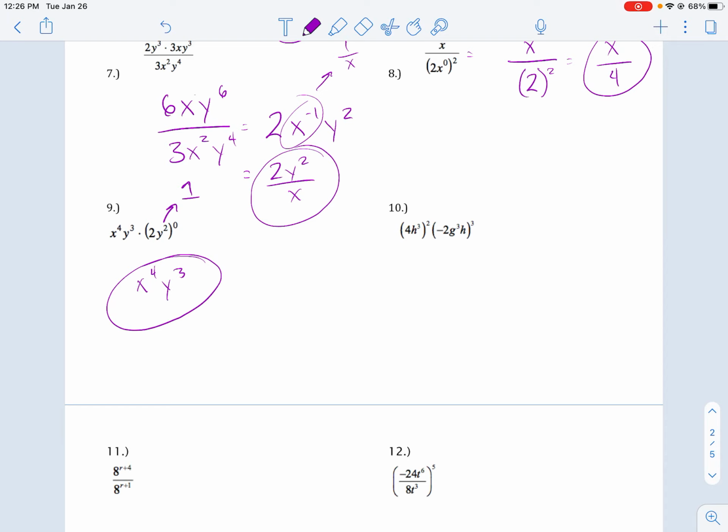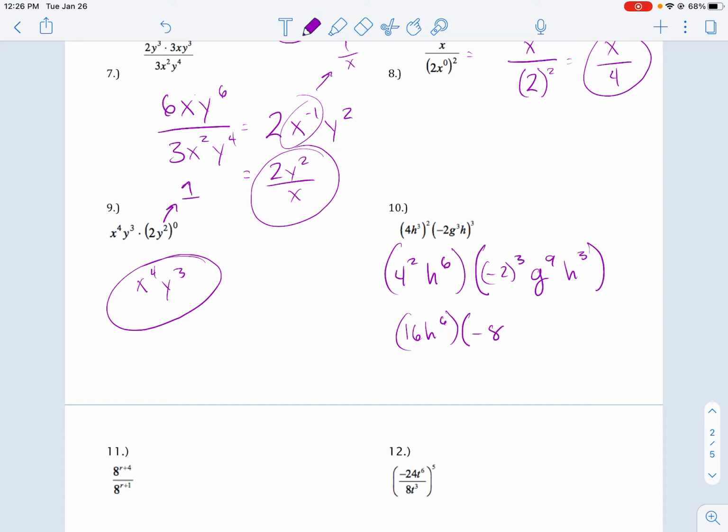All right, so we're going to have 4 squared h to the 6th power all times negative 2 cubed g to the 9th and h to the 3rd. So let's simplify things here. So 16h, whoops, not squared, to the 6th.